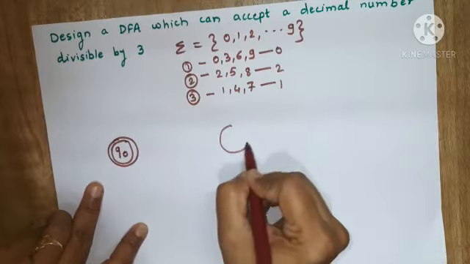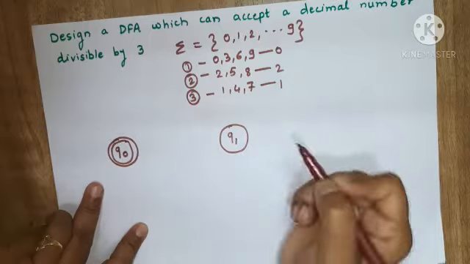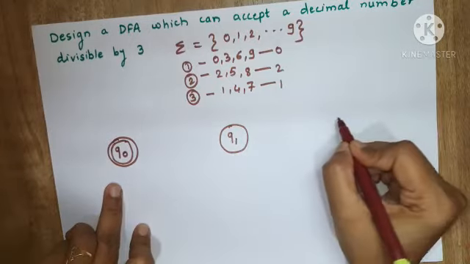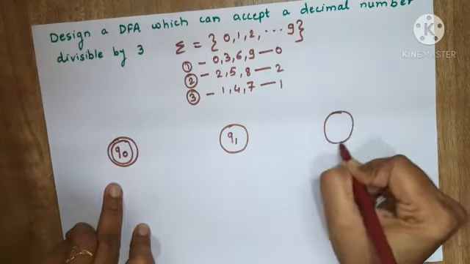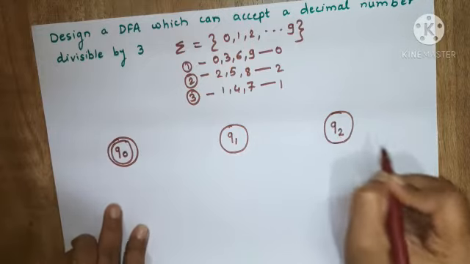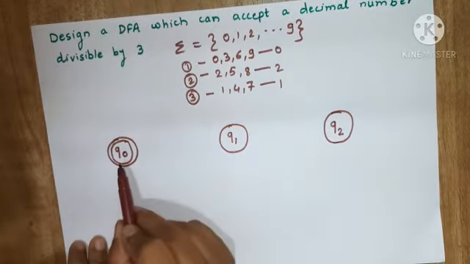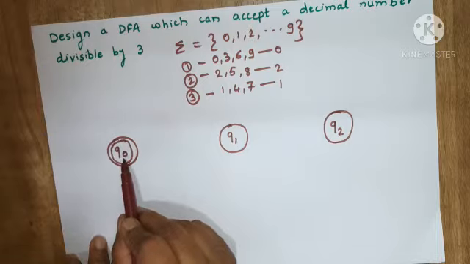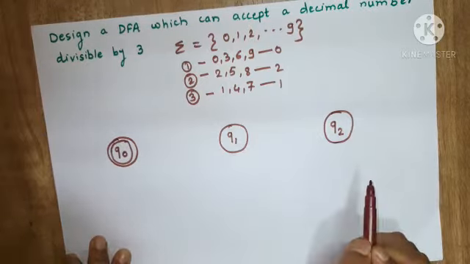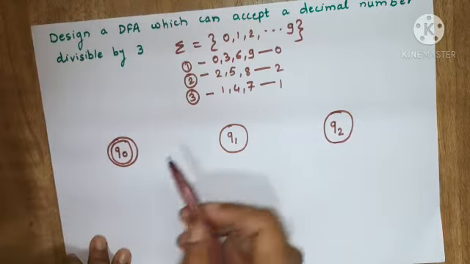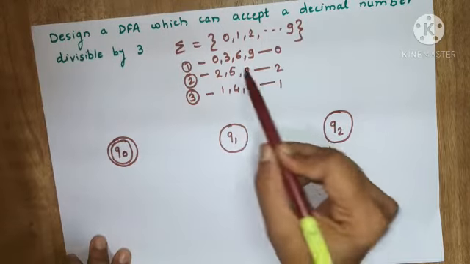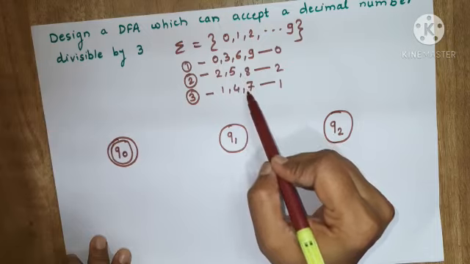Then we will have one more state which will represent remainder 1, and another state which will represent remainder 2. If I divide a decimal number, I will get remainder either 0, 1 or 2. So now we have divided the numbers into these 3 different parts.